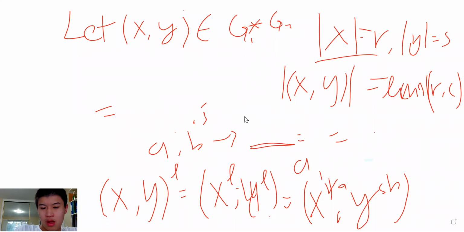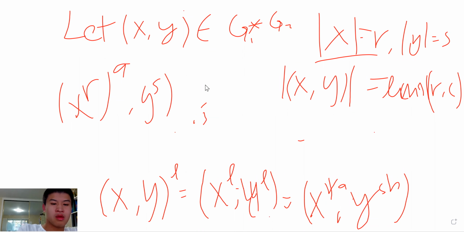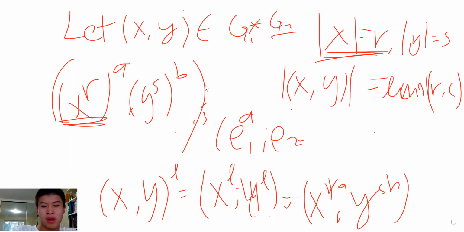which will also be equal to X to the R with the power of A, and Y to the S to the power of B. And by the property of exponents, we know that X to the power of R is equal to the identity element of G1, let me call it E1, to the power of A, and E2, the identity element of G2, to the power of B. That will be equal to (E1, E2).